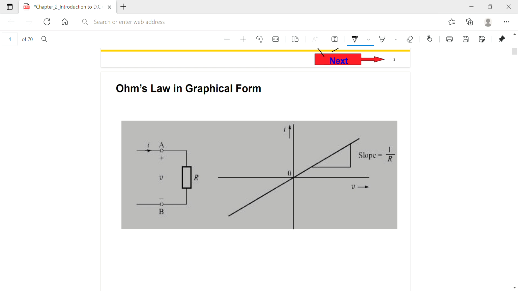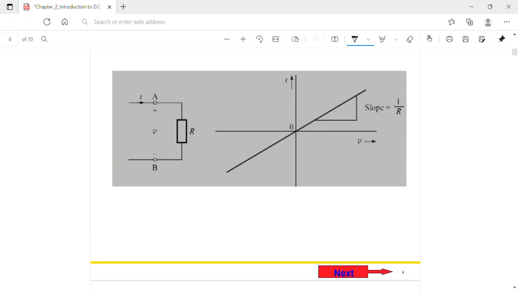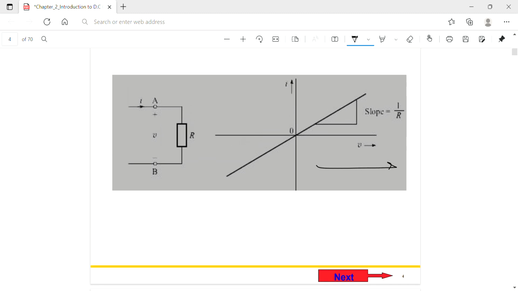Then we look at the graphical representation of Ohm's law. In the graphical representation, on the x-axis we consider voltage, and on the y-axis we consider current, and the slope gives us the 1 by R component.